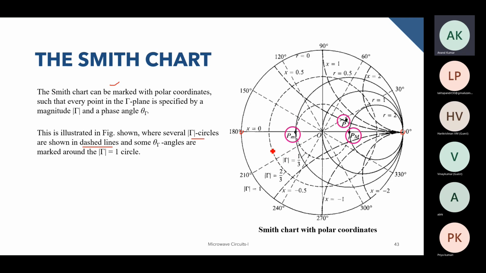So these dotted lines, if you can see this particular circle and this particular line, all correspond to the gamma circles, and you can see that gamma equal to 1 is the outermost circle over here. As you decrease the value of gamma, this particular circle becomes smaller and smaller. And as we read in the previous slides, we are only concerned with everything lying inside the gamma equal to 1 circle. Everything outside is not under consideration.